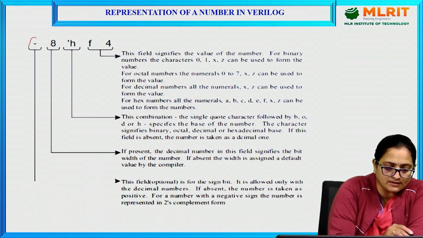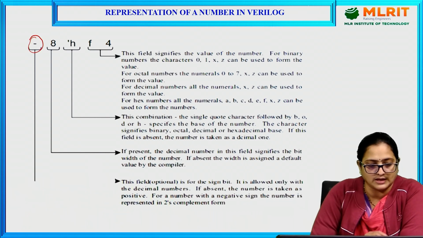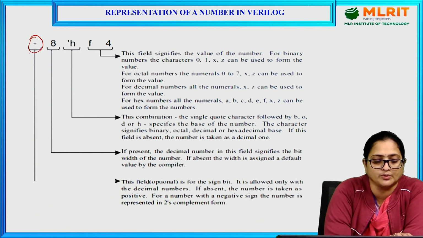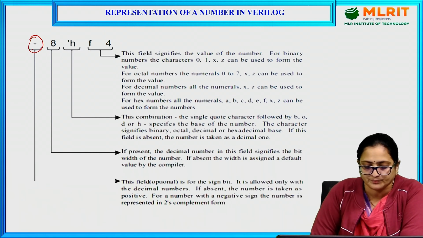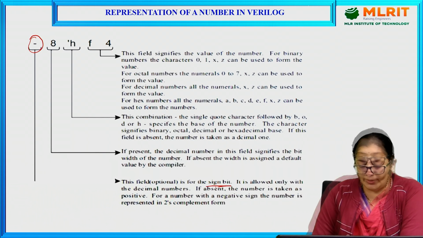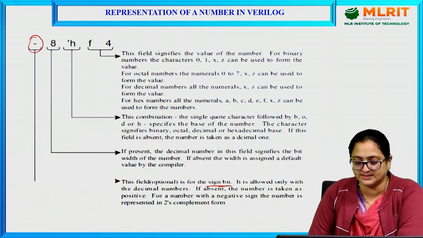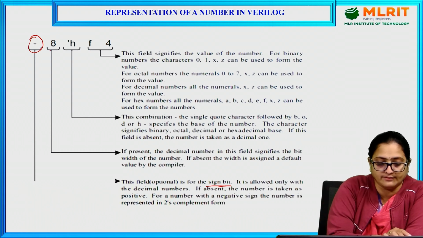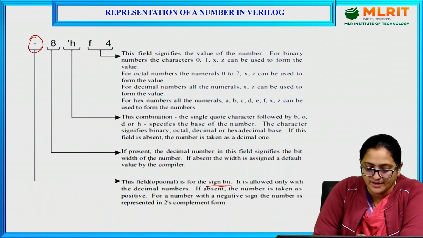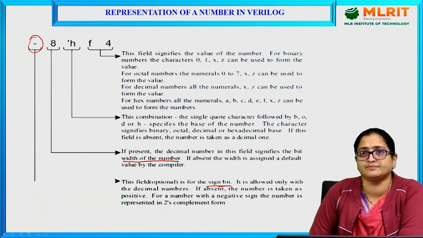This dash identifies, see, the numbers consist of different fields. The first one represents whether it is a signed bit or unsigned bit. The second field represents the width of the number.